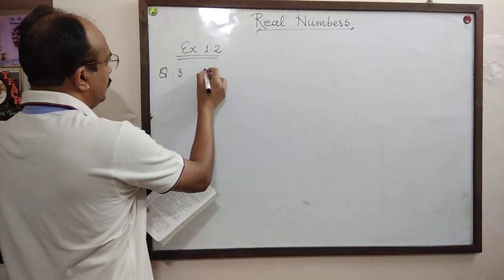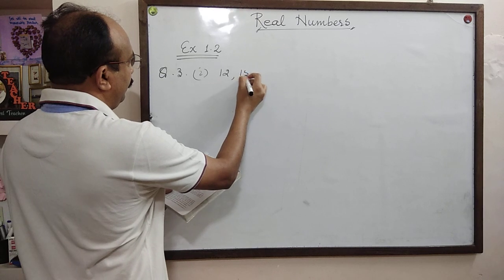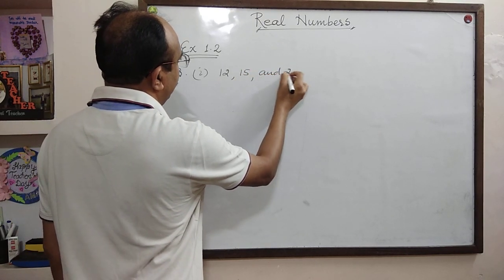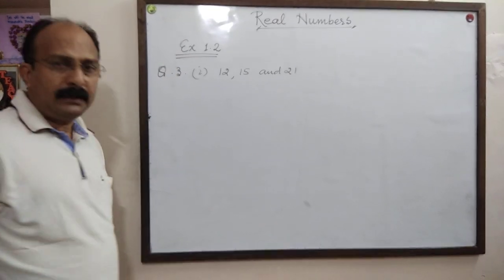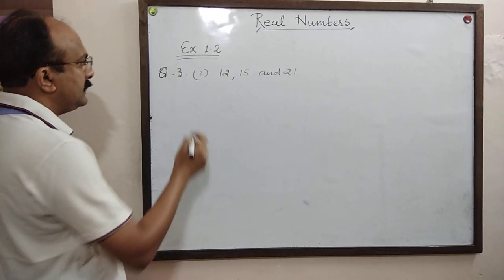First one is 12, 15 and 21. Very simple. Instead of two numbers, now we are given three numbers. The method will remain the same.